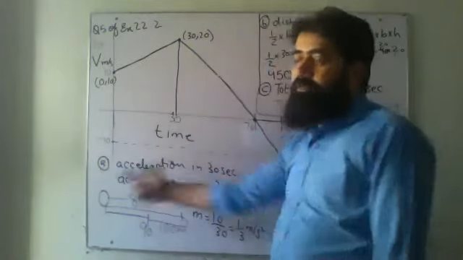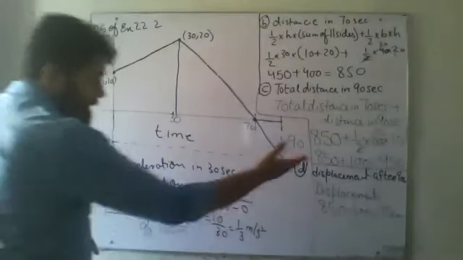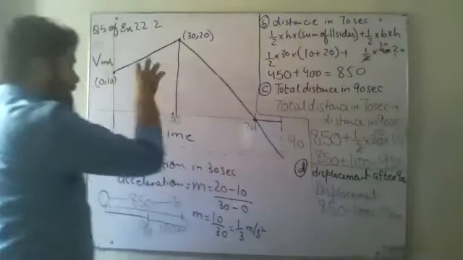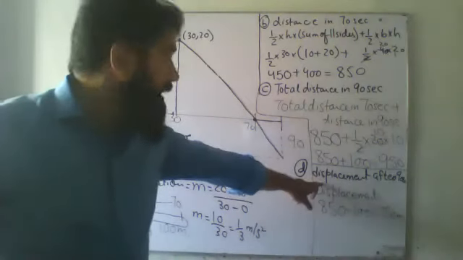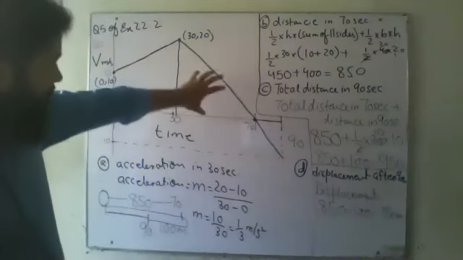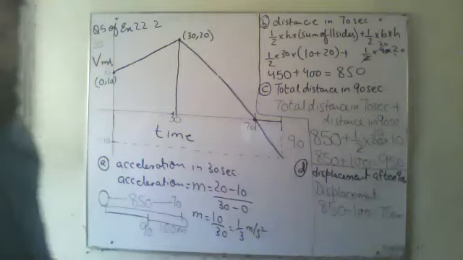How far am I from the starting point? Same thing is happening over here. Over here they have asked for distance. That's why I have added this thing with this. But now they are asking for displacement. So how will I find the displacement? This distance minus this distance, I will have the displacement over here.